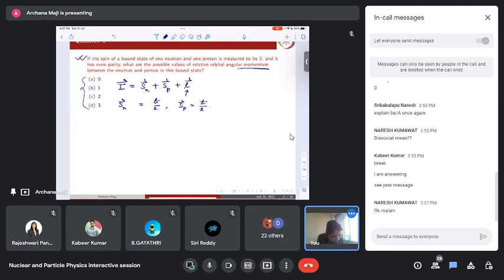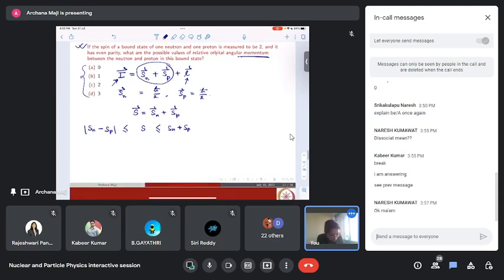Now the contribution to this spin coming from the spin of neutron and proton alone is this, and S runs between the mod of S neutron minus S proton to S neutron plus S proton.